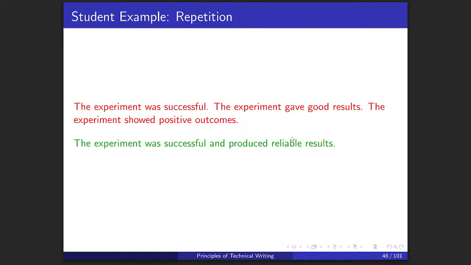So I think you are artists on this point. In repetition, students are the artists and the faculty are the irritated ones. Instead of writing one sentence, you write in an elaborative way.